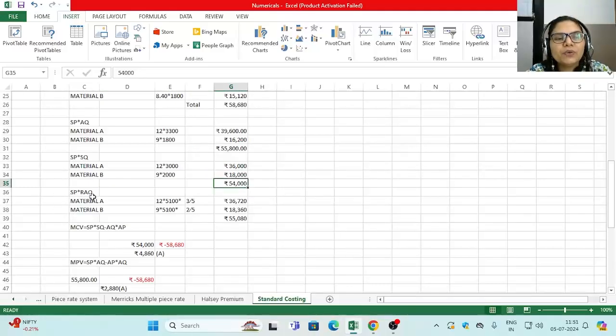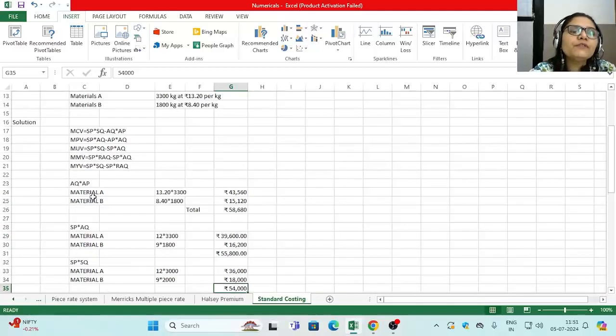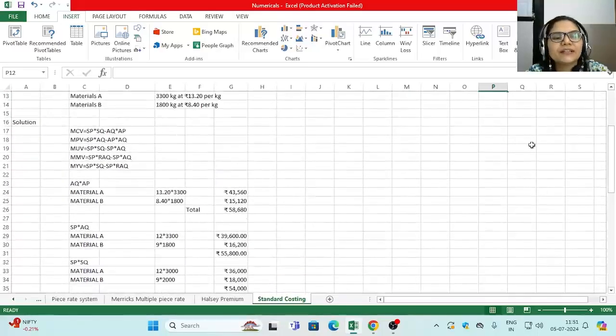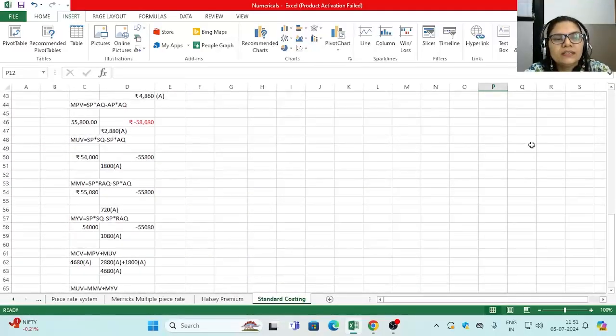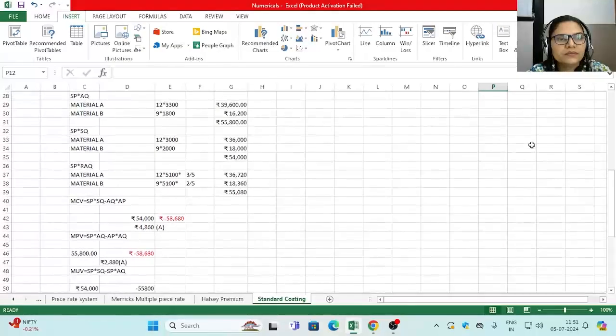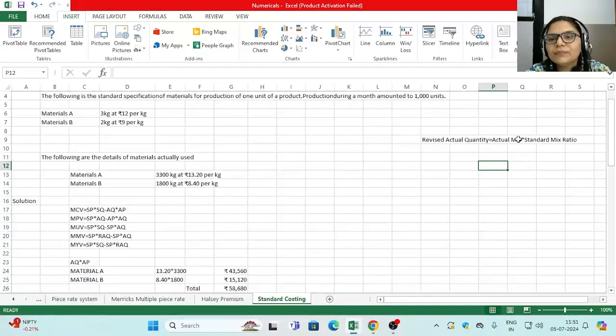Similarly, SP into RAQ. We know the formula for material mix variance uses SP into RAQ, and RAQ is the revised actual quantity, which is calculated with the help of actual mix into standard mix ratio. SP into RAQ for material A is 12 into actual mix.